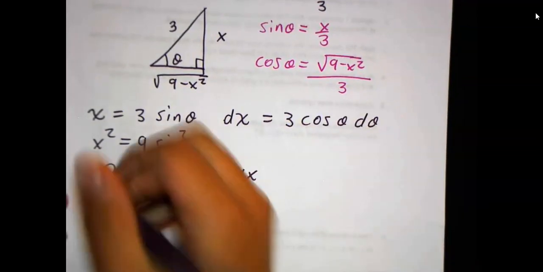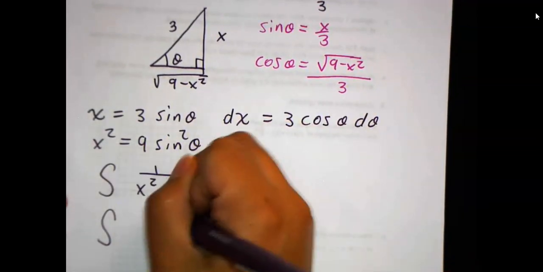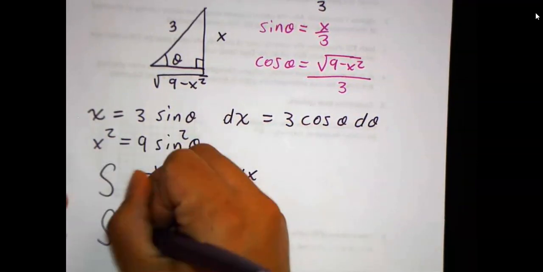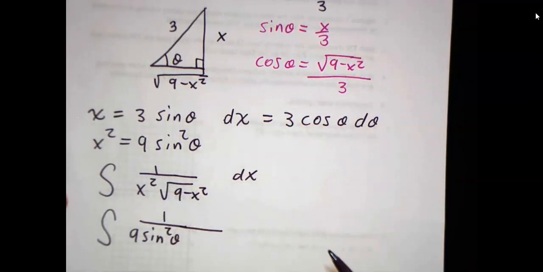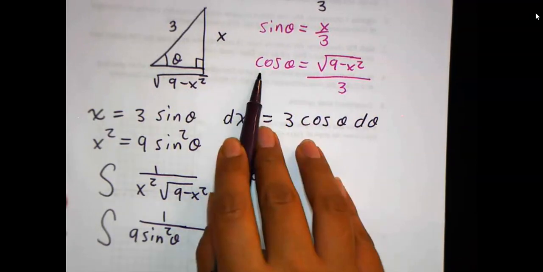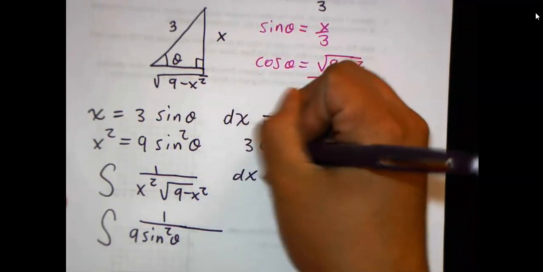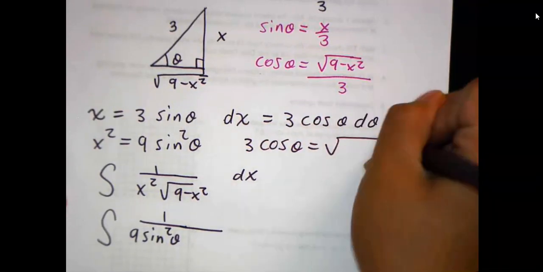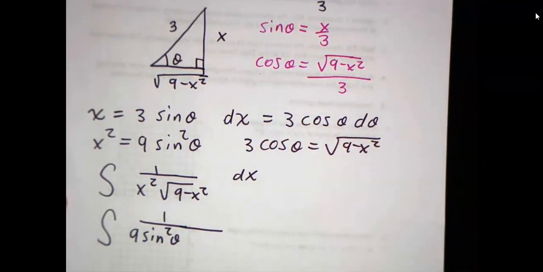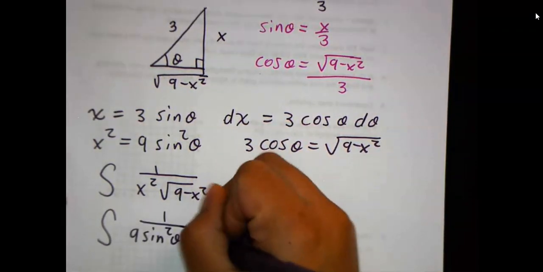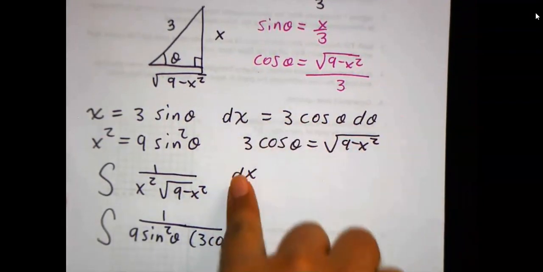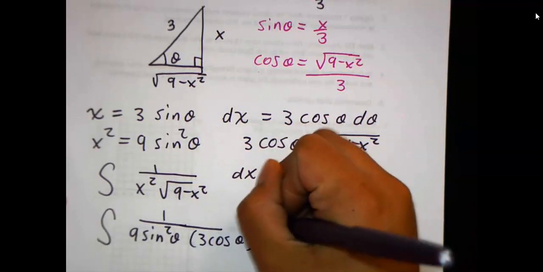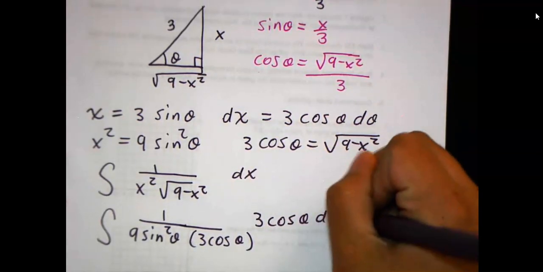Let's substitute. I have my integral of 1 over, instead of x squared, 9 sine squared of theta. And then here, I'm going to multiply the 3 over, so I'm going to have 3 cosine of theta equals the square root of 9 minus x squared. And my dx is going to be 3 cosine of theta d theta.